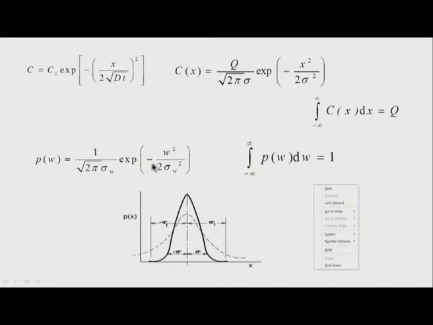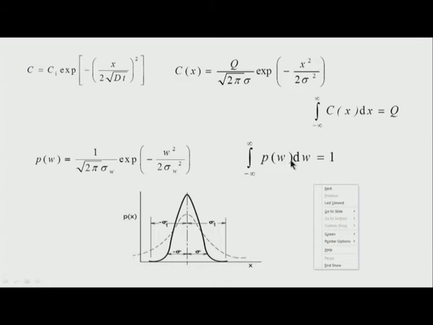This is the standard distribution function, which we always say is Gaussian, such that the area under the entire distribution function from minus infinity to infinity is equal to 1.